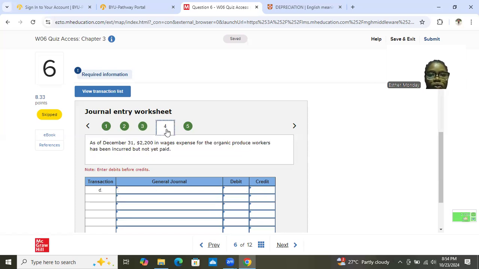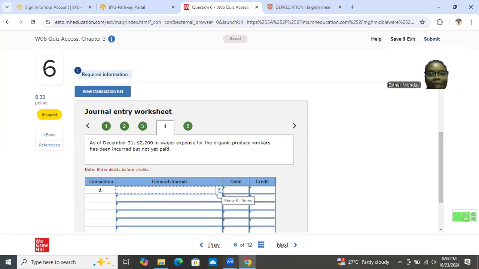We come to number 4. We are told that as of December 31st, 2,200 in wages expense for the organic produce workers has been incurred but not yet paid. So the money has been incurred but they are not yet paid.